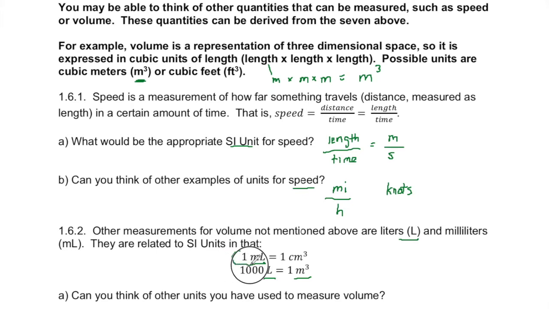It's good to know that 1 milliliter is the same as a cubic centimeter. So if you had a cube that measured 1 centimeter on each edge, and you filled that with water, you would have 1 milliliter of water inside. If you filled 1,000 of these with water, you would have 1 liter of water.